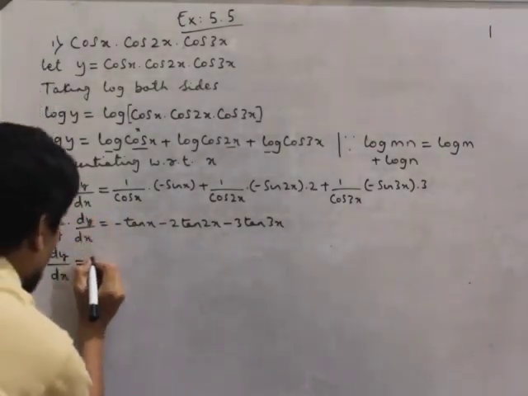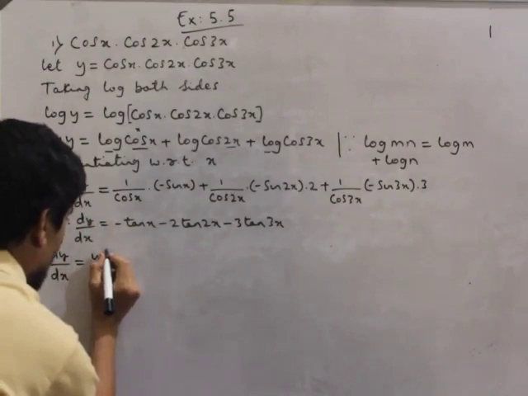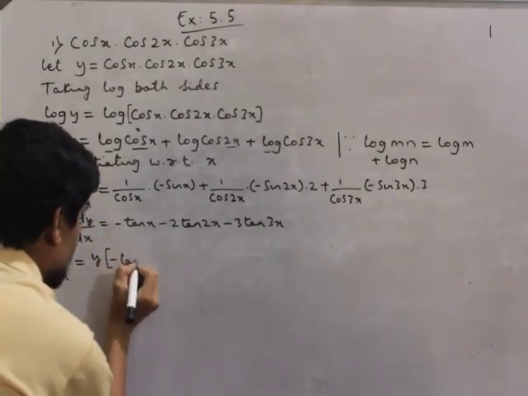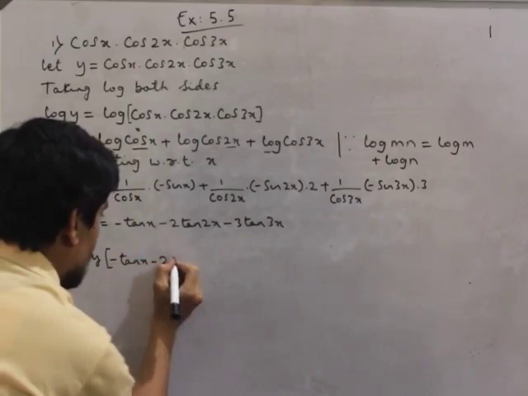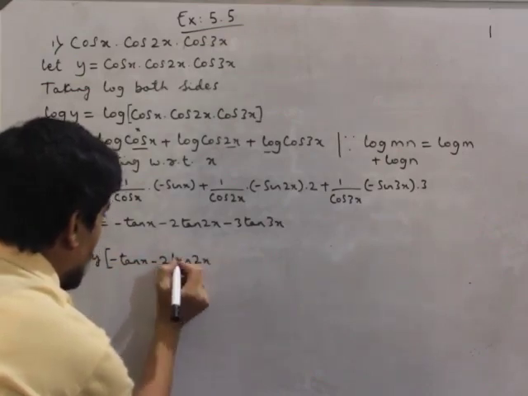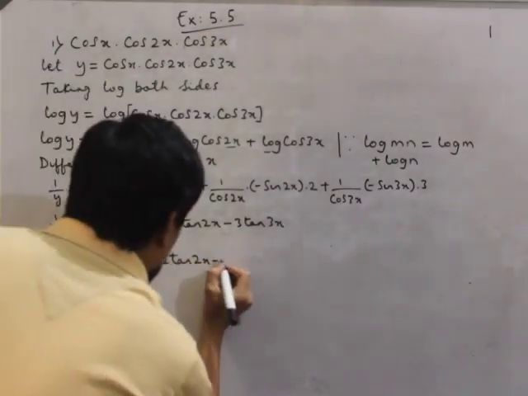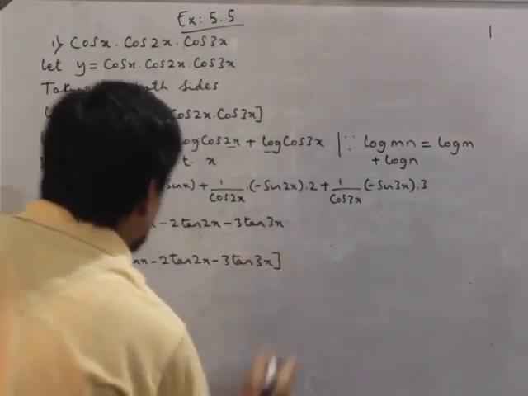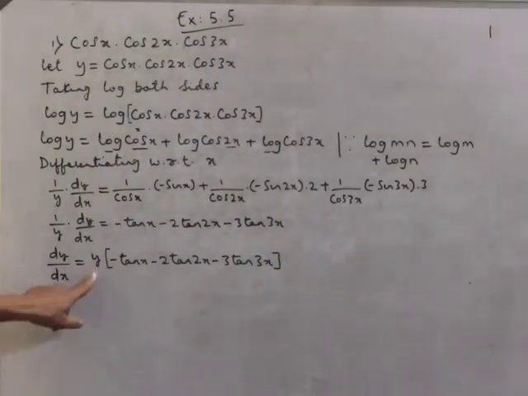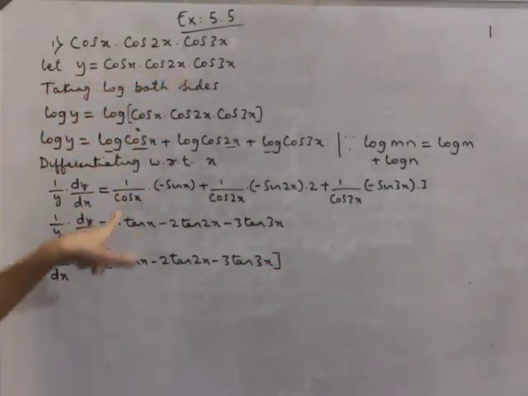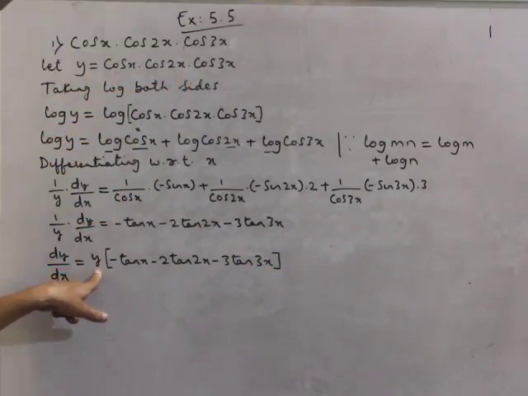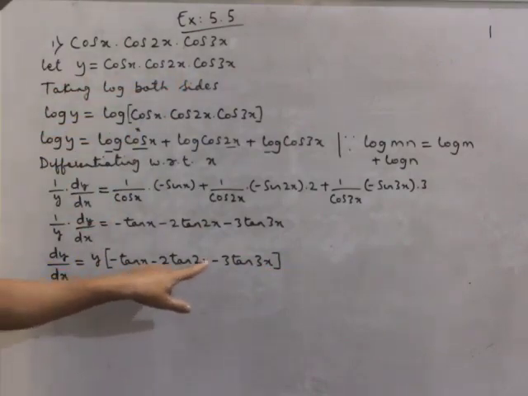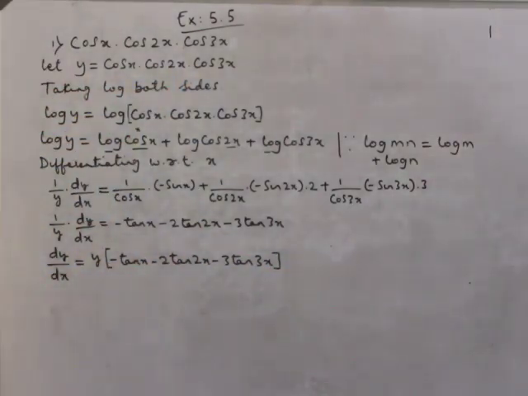So this will become y into minus tan x minus 2 tan 2x minus 3 tan 3x. So what is this y? Y is equal to this one. Put that value here and then take out the minus sign. If you take out minus sign, what will be left out? So let us complete this. That will be your final answer.